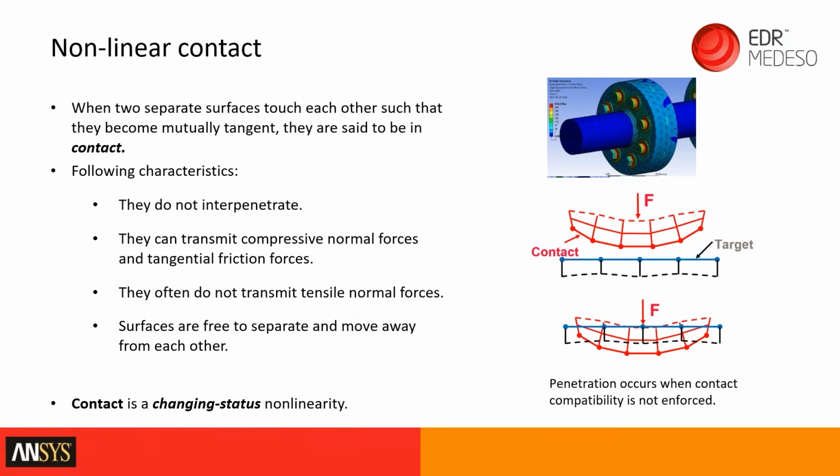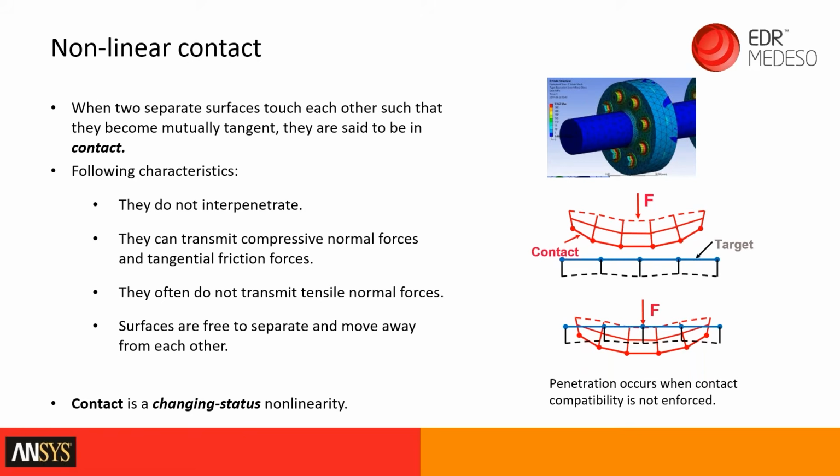So the second common area we see where users need to use nonlinearities in the model is contact. Let's look at the definition of contact to start with. When two surfaces touch each other, they become mutually tangent. And it has the following characteristics. They do not interpenetrate.